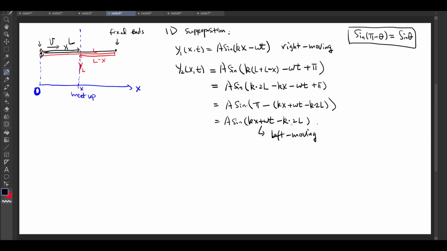And for that to happen, I want to make this term here a multiple of 2 pi. So how about k times 2L is an integer times 2 pi.